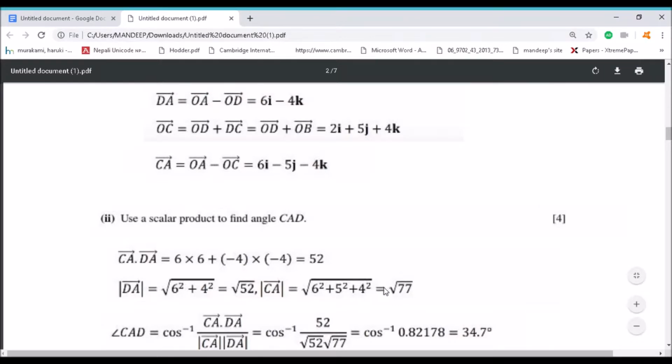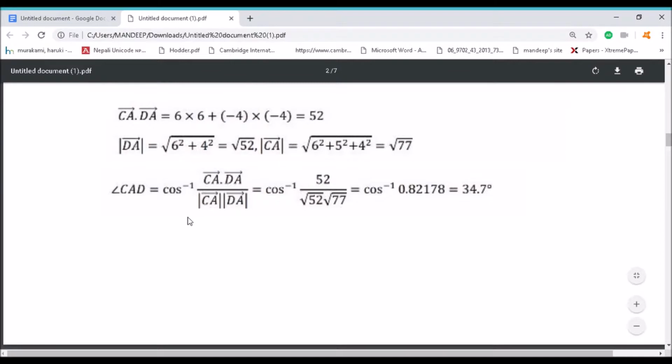And 6 squared plus 5 squared plus 4 squared equals root 77. So we find CAD is cos inverse of CA vector times DA vector divided by CA magnitude times DA magnitude, which is going to be 34.7 degrees. So that's our answer.